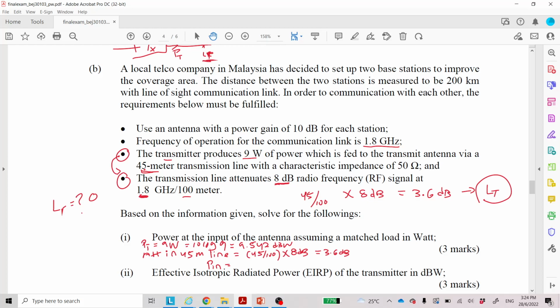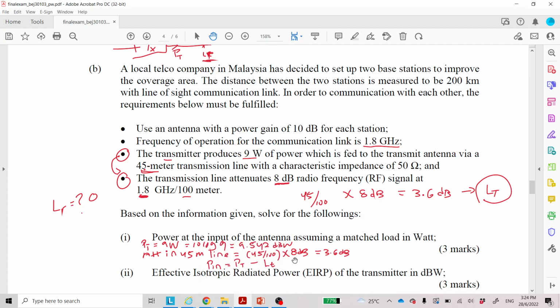Therefore the power input to the antenna, P in, is equal to P from the transmitter minus LT. All of this is in terms of dB, decibel. Be careful.